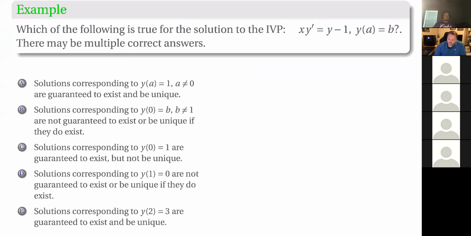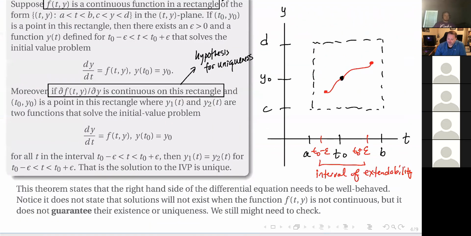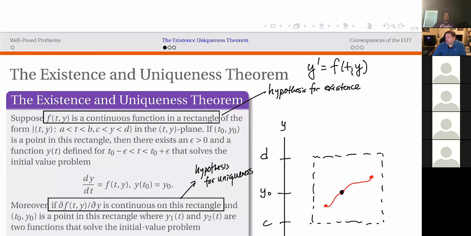Overwhelmingly, the mistake that students make when they assess existence and uniqueness is they don't have the equation in proper form. For the existence uniqueness theorem, going back to our notes here, you must have everything on the right-hand side of the equation. So the function that you're evaluating for continuity is the function where you just have y prime on the left and everything else on the right.